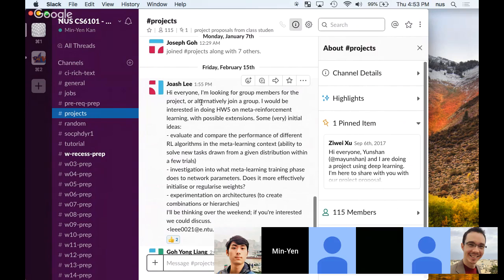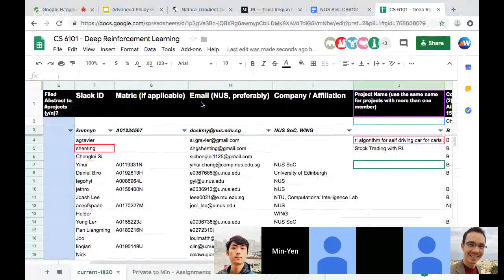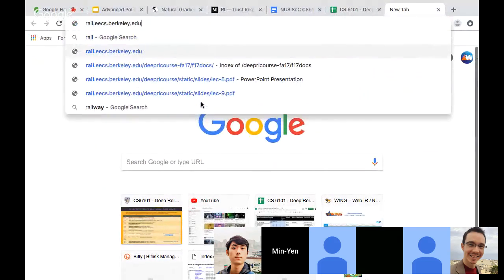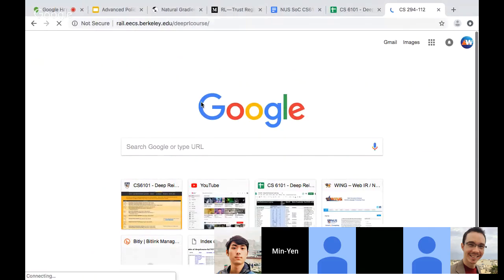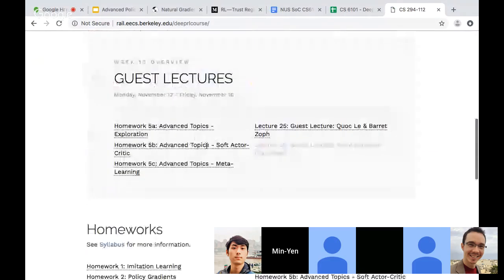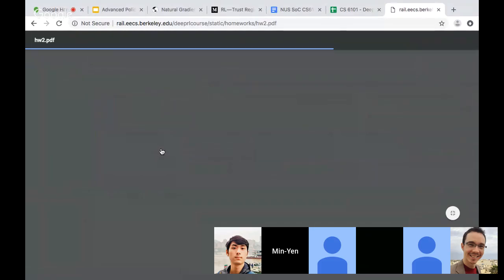Have you looked at his homework assignments? Yeah, they're actually very well structured. I quite like them. Let's see, homeworks. Policy gradients, why not?